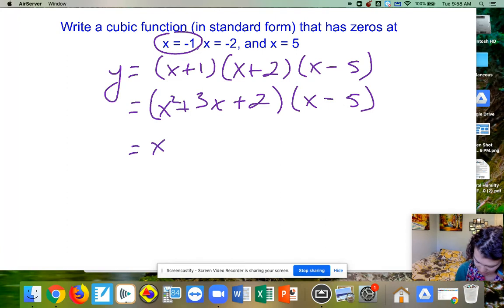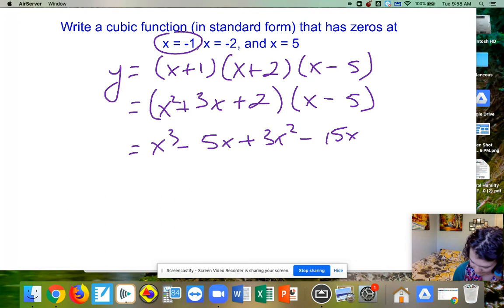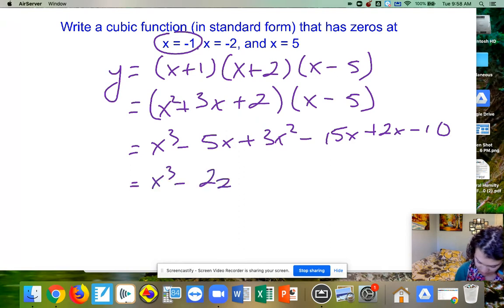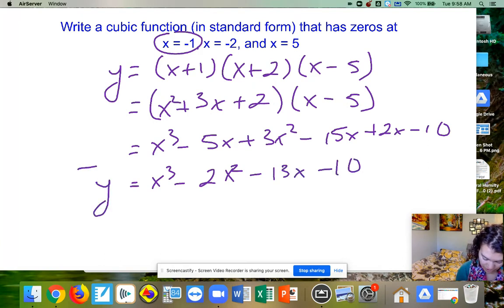So then this would become x cubed minus 5x squared plus 3x squared for the first chunk, and then minus 15x plus 2x minus 10, and then you're just combining all of your like terms. So you get x cubed minus 2x squared minus 13x minus 10. And then make sure you have a y equals.